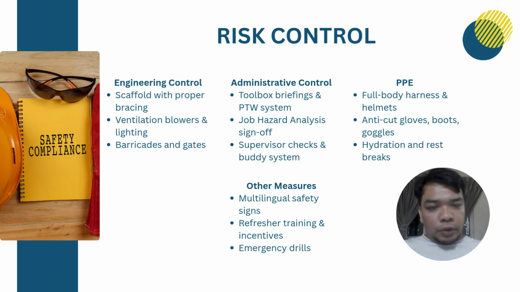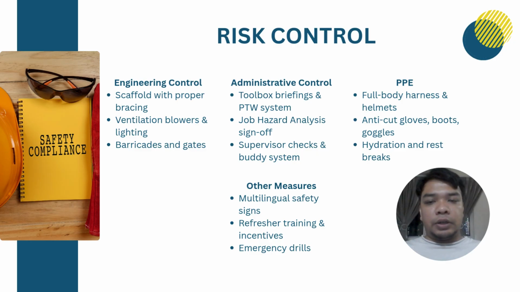Hello, everyone. Today I'm going to explain about the risk control measures implemented for the lift installation project carried out by Kone Elevator. They apply a combination of engineering, administrative, and personal protective control along with supporting measures to create a safe work environment.